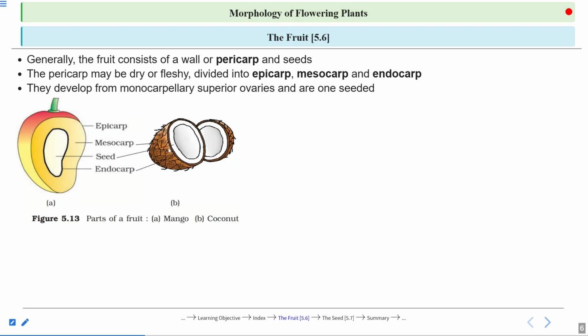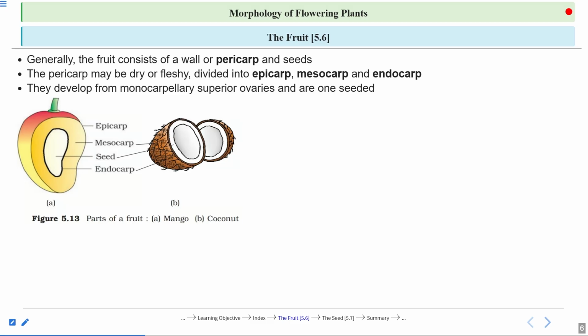This is in the case of mango. Now let us see in the case of coconut. Have you seen the green coconut, the green coconut that you drink water from? The green coconut has a very smooth outer covering.